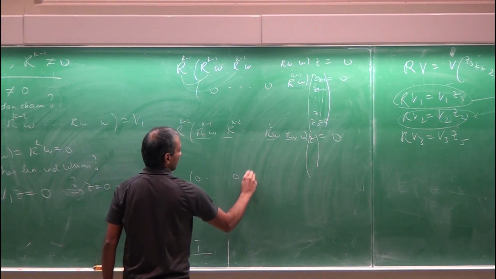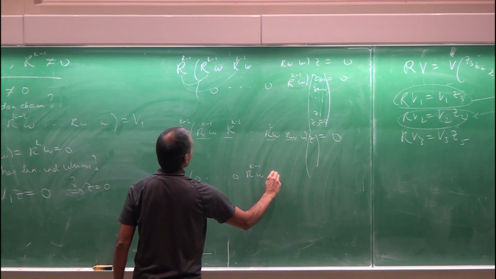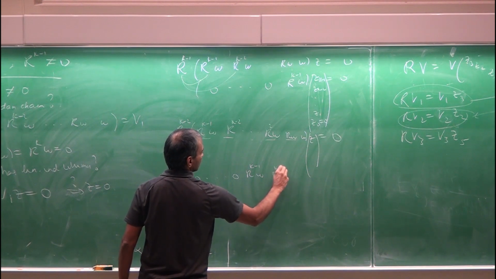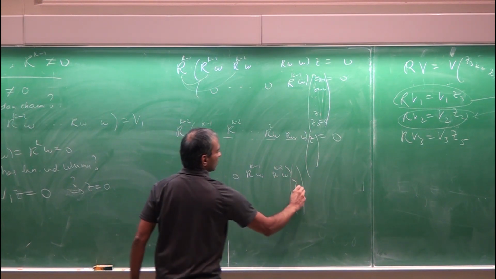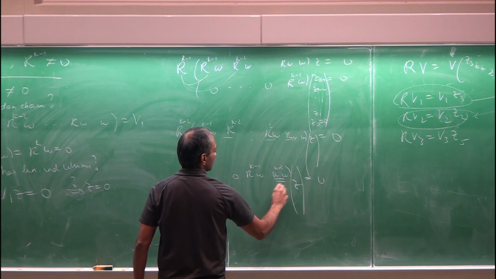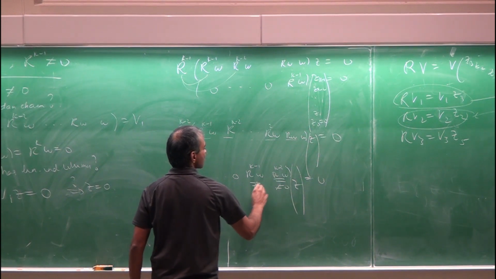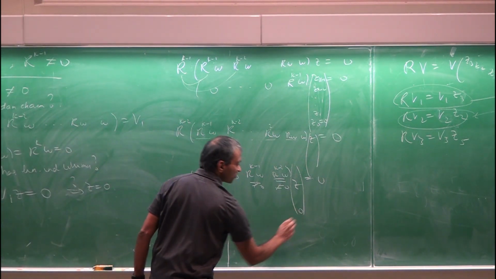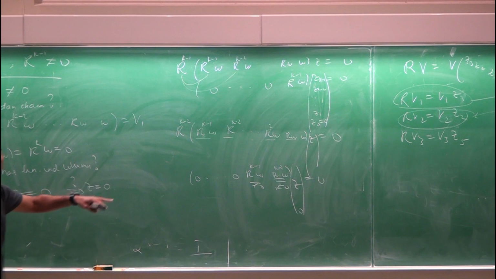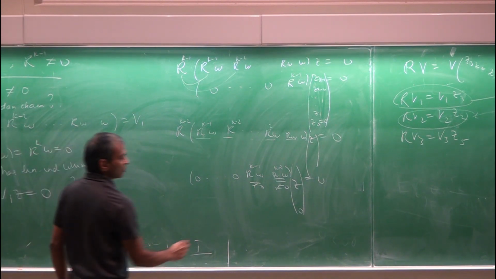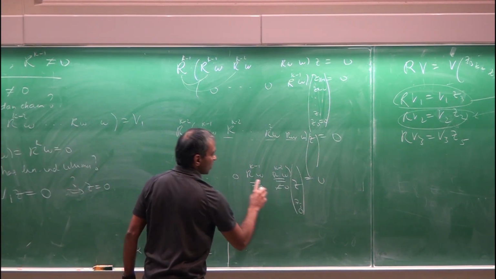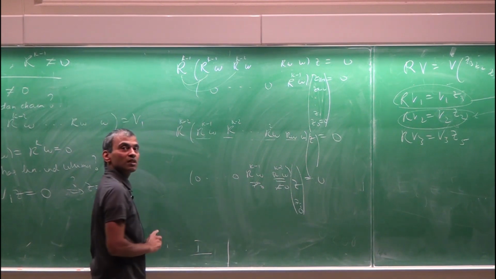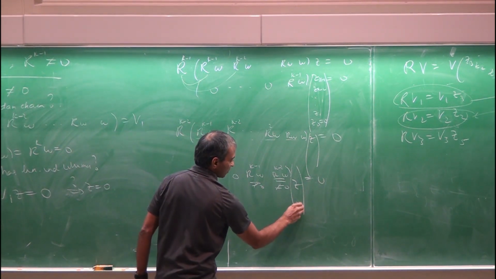So you'll get this column as R to the power k minus 1 w, and then R to the power k minus 2 w times z is equal to 0. This is not 0, and this is not 0. The last two columns are not 0 now, but the last column doesn't matter because we already know that the last component of z is 0 from the previous calculation. So the only thing that matters is that z1 times this has to be 0. We know this column is not 0. That forces z1 to be 0.